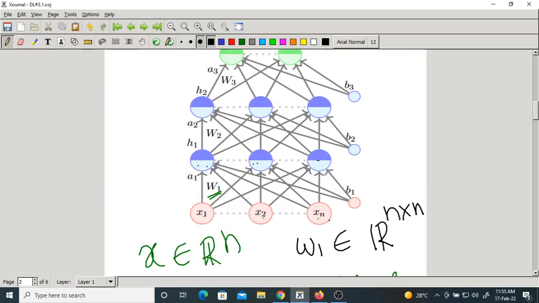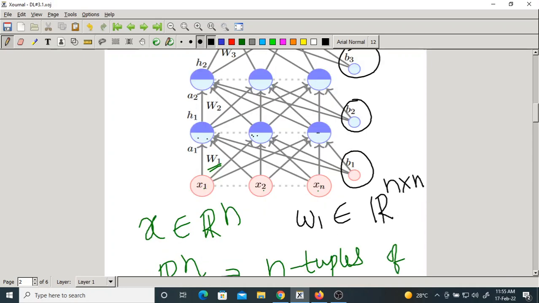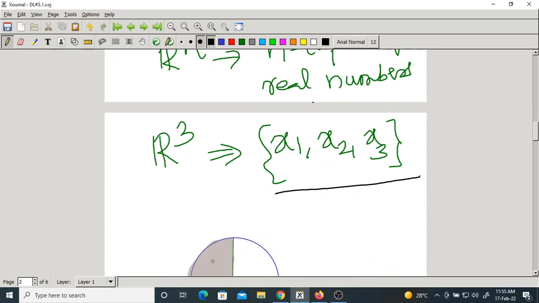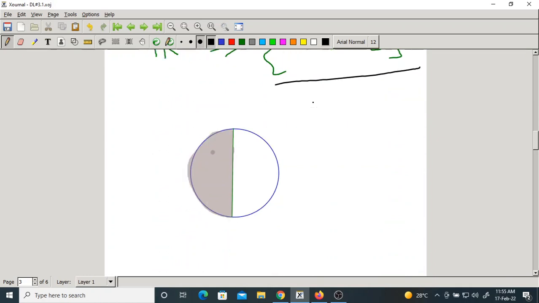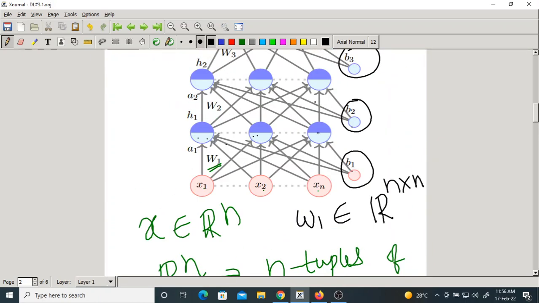And these are bias vectors B1, B2, B3. For each neuron in the hidden layer we have a bias. B1 is connected to all neurons, and B2 is connected to all neurons. So B1 is a bias for all the neurons.